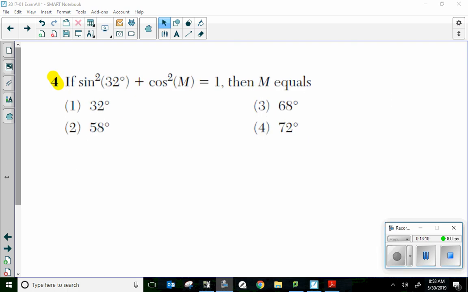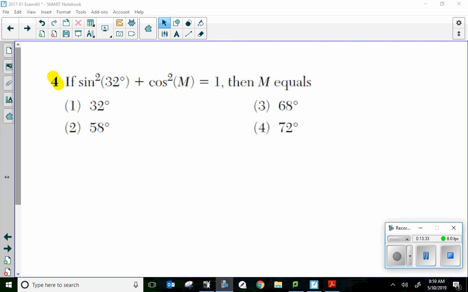Lordy, lordy. 3 out of the first 4 problems fall under the trig and exponential content area. This one is such a gimme, it's sickening. If sine squared of 32 plus cosine squared of some value m equals 1, then m equals what? This is a rule, okay?